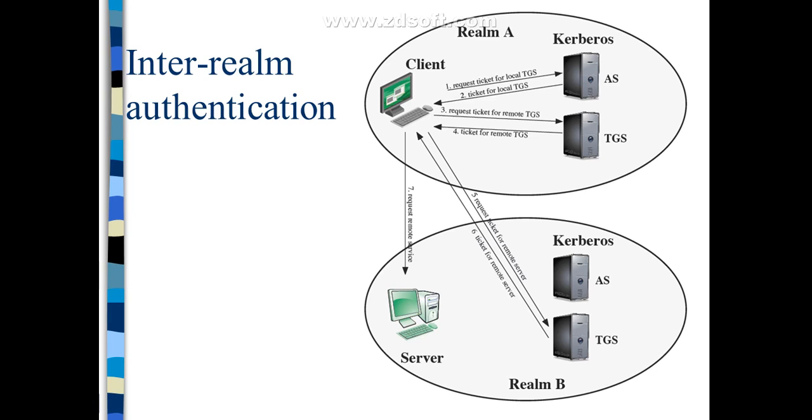So what the client is doing is, first the client requests a local TGS ticket, that is a ticket granting ticket, and it is the same as Kerberos version 4. First the client requests a TGT from the authentication server, just to confirm its identity.